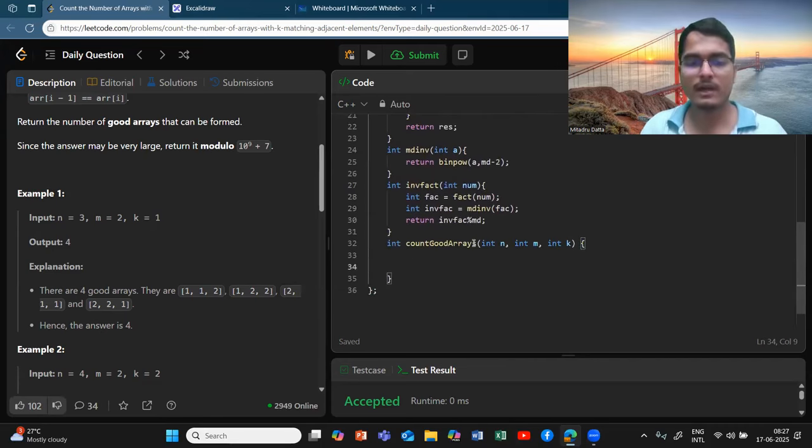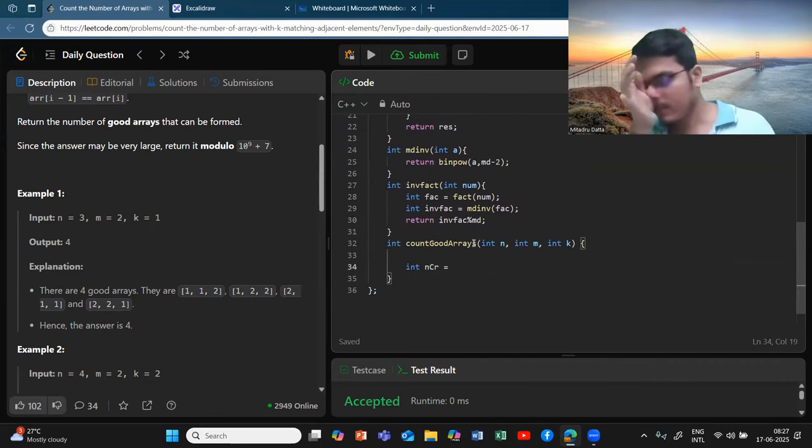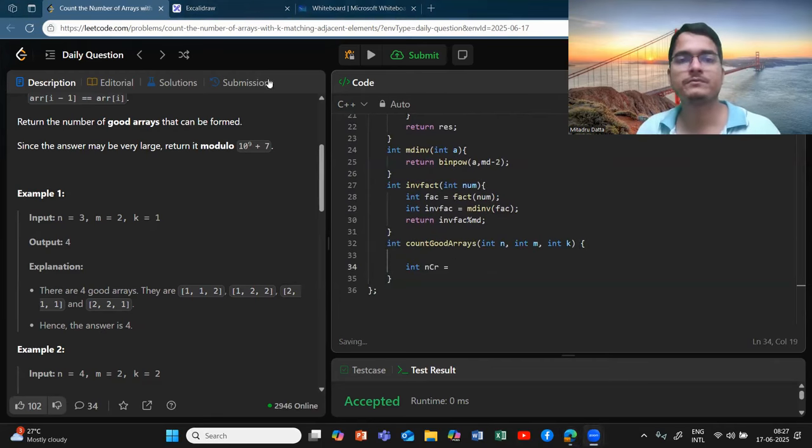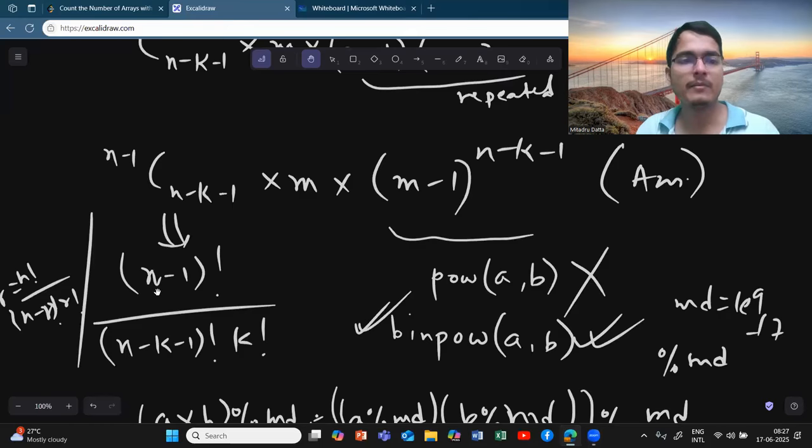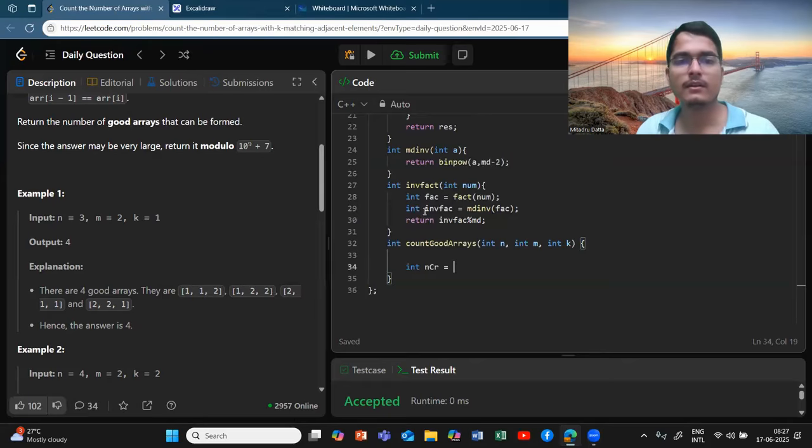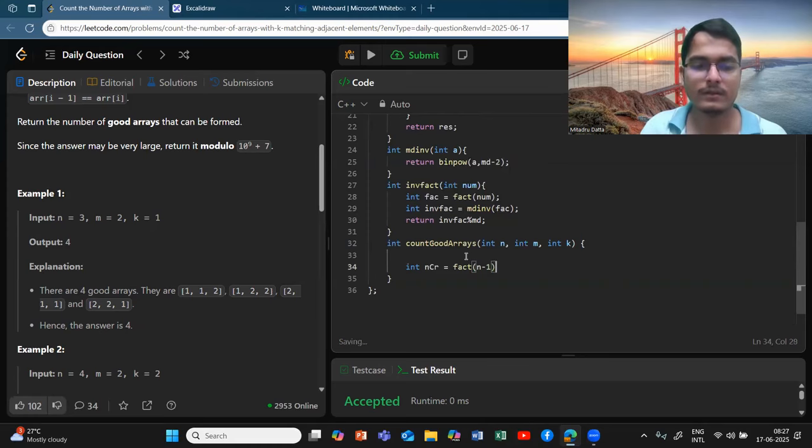So first of all, I will try to get this NCR value, which will be nothing but n minus 1 factorial. I have this fact of n minus 1 factorial. Only I will perform a mod. These things you need to take care of. And I have inverse factorial.